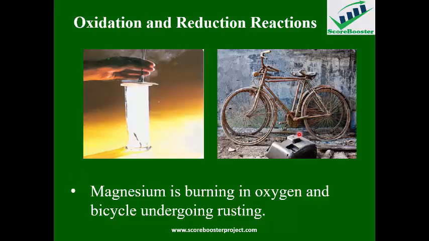This image on the right hand side is the bicycle. I believe every one of us knows that if a bicycle or anything like metal is kept in a place without working, without doing anything for a very long time, rain beat it, sun beat it, everything happens like that. So later we are going to see something like this.